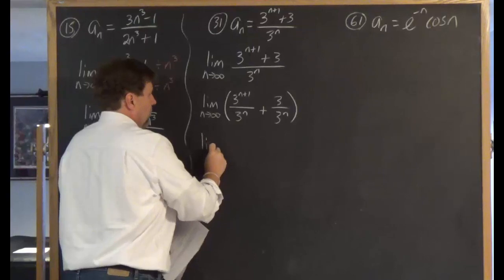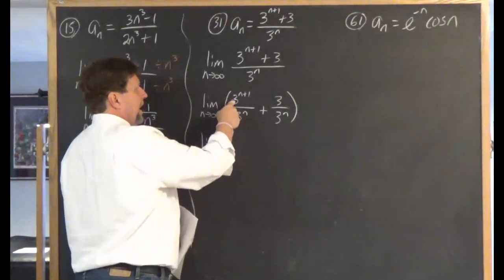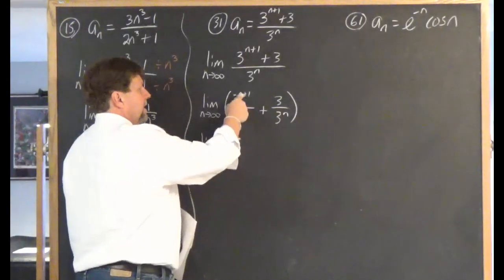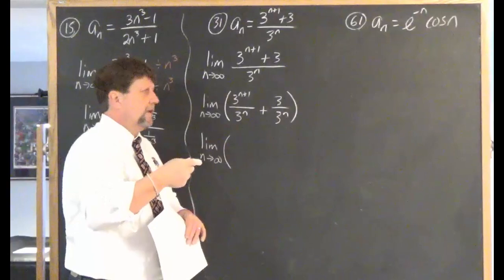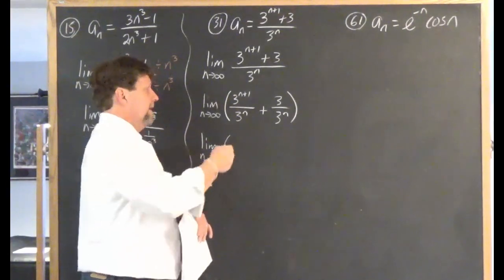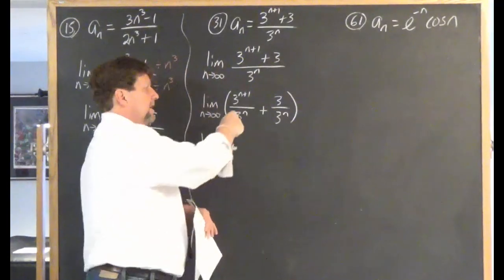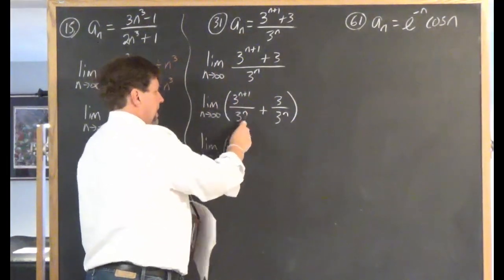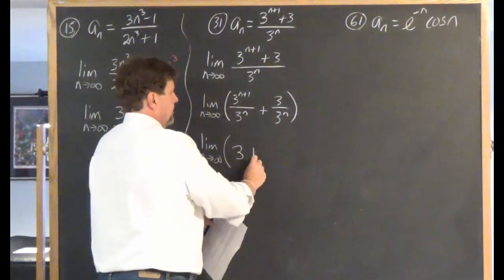And then there's an old property of exponents. When the bases are the same and you're dividing, subtract the exponents. So 3 to the n plus 1 divided by 3 to the n would be 3 to the n plus 1 minus n. That gives me just 3.